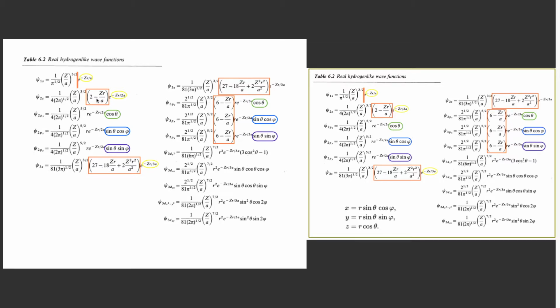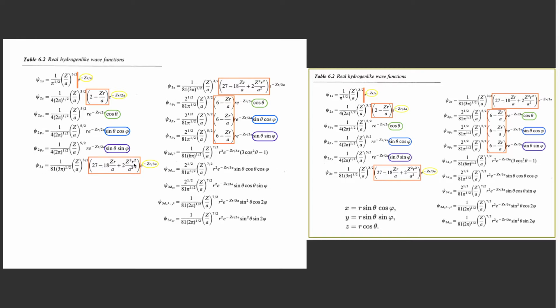That means there is a value for r at which the magnitude of this wave function is 0. And we refer to that as a node. There is 0 probability of finding the electron at that distance r from the nucleus, where this 2 minus Zr over a becomes 0. As you go to the 3s orbital, that polynomial becomes a quadratic.